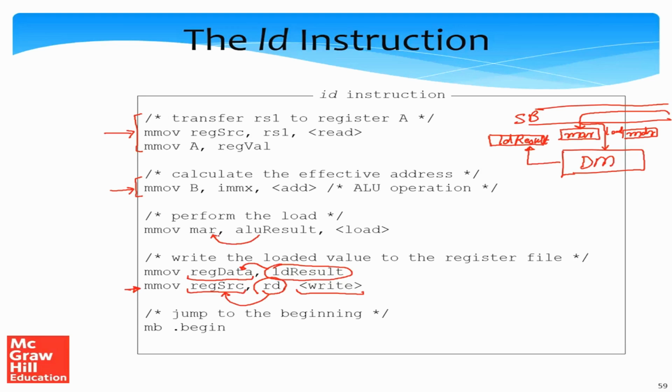This is sent to the memory unit, and in parallel we initiate a memory load. Once the load result is available, we write it to the register file, and the ID of the register that we write it to comes from the RD field. Once the load is done, we jump back to the beginning of the preamble with an unconditional jump to the .begin label.